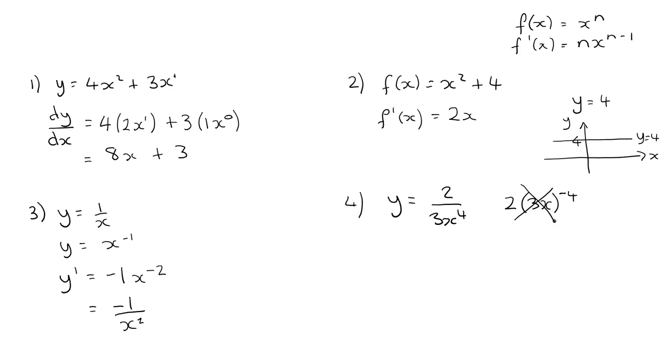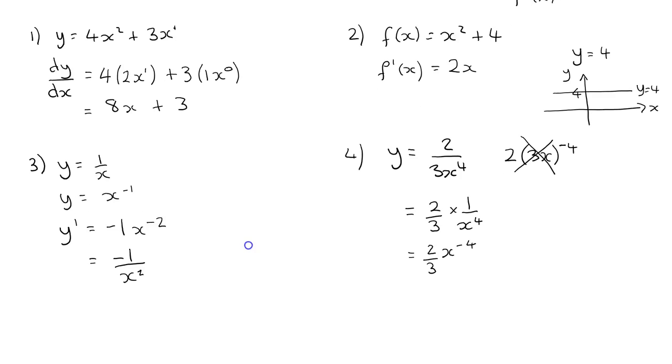Do not rewrite it like this. Try and think of it as the 2 over 3 is a coefficient, it's a constant, and it stays there. So it's 2 over 3 multiplying 1 over x to the 4. Now you can rewrite this as 2 over 3 x to the minus 4. And then we can proceed as before.